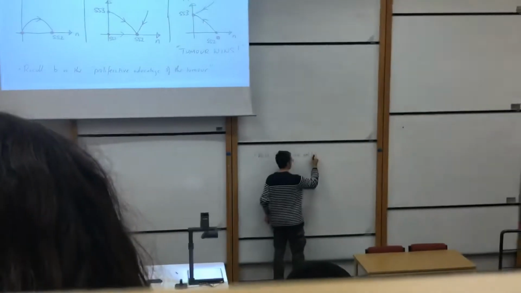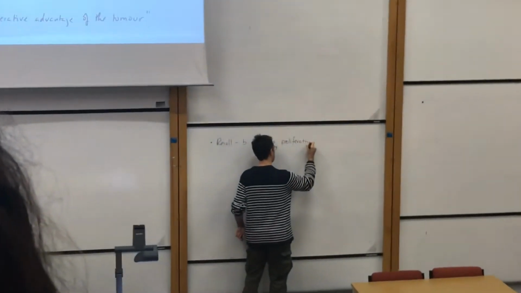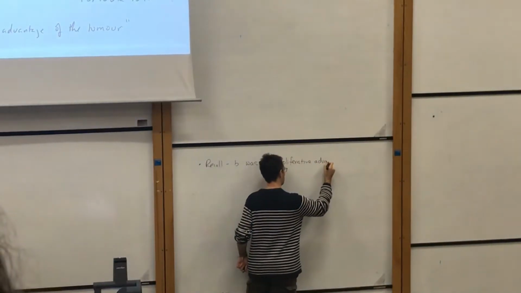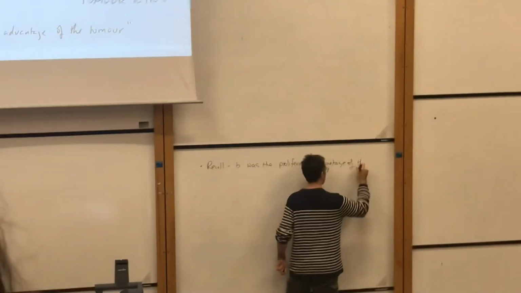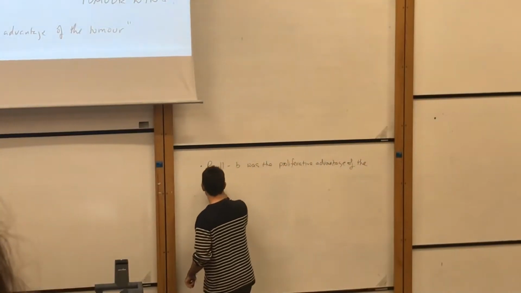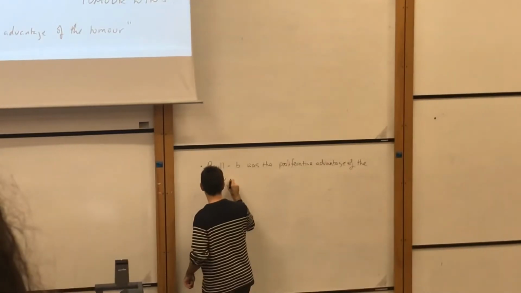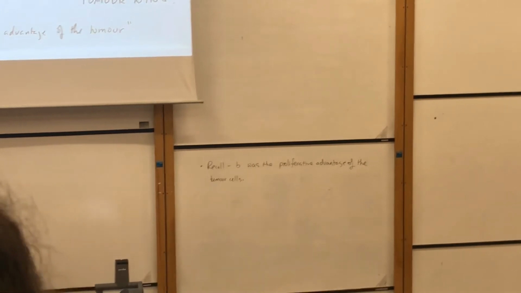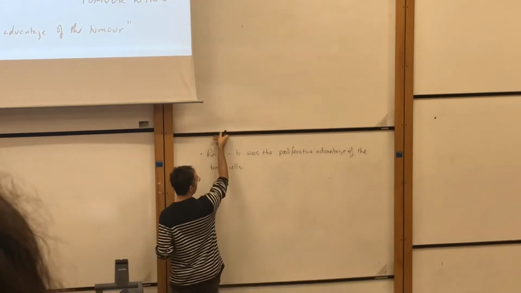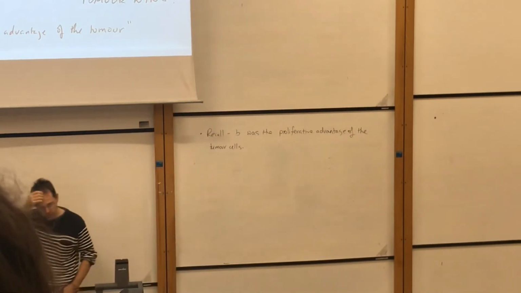B was my proliferative advantage of the tumour cells, which implies that the tumour cells are doubling, potentially dividing, much faster than the normal cells.